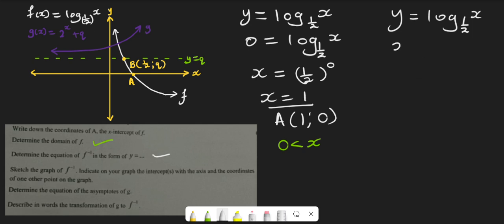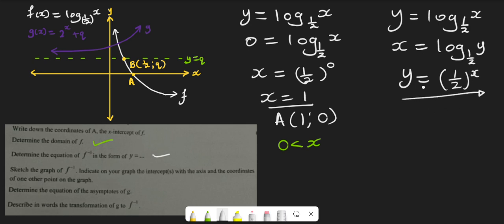Where we see y, we say x because we want to find the inverse, and then log y base half. Then we make y the subject of the formula, and y is going to be equal to base half raised to the exponent x, and this is the function which is the inverse of f. Then we are done.